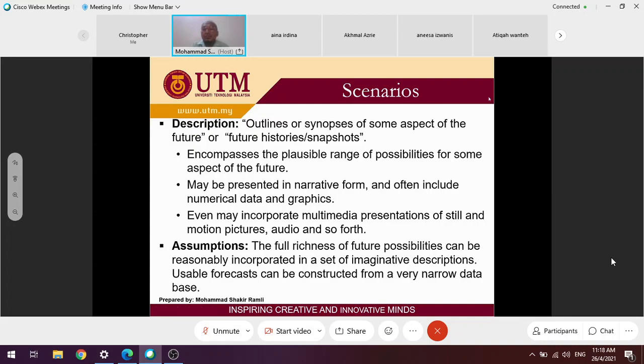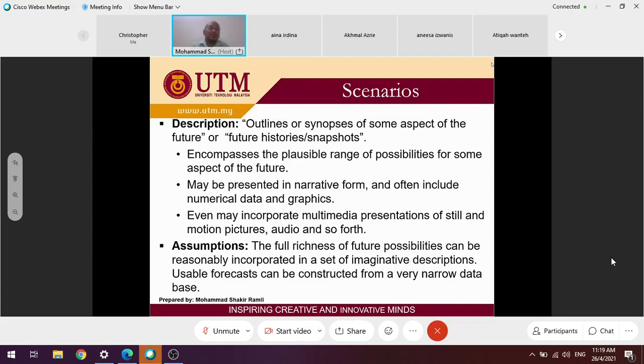It can simply be defined as an outline or synopsis of some aspect of the future, or future histories or snapshot, meaning that it's like a picture or a snapshot of the future at one time, or future histories, meaning that it's a timeline of a future history.